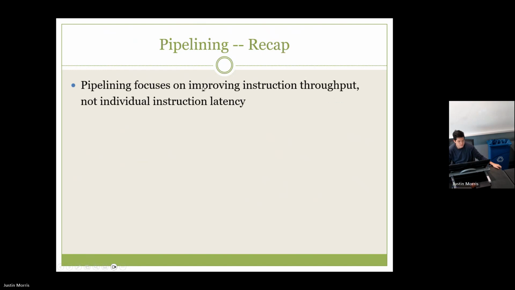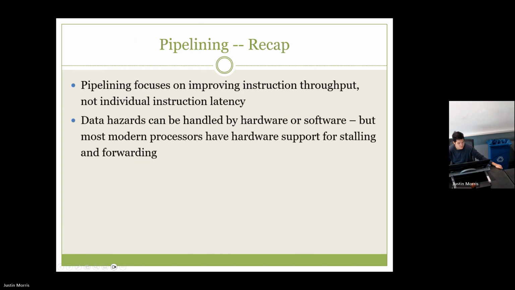So just as a recap, right, it's pipelining, we're improving instruction throughput, not individual instruction latency. Data hazards can and probably should be handled by hardware, but you can handle them in software.